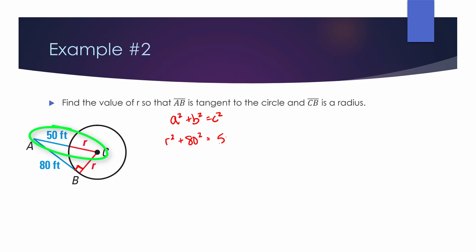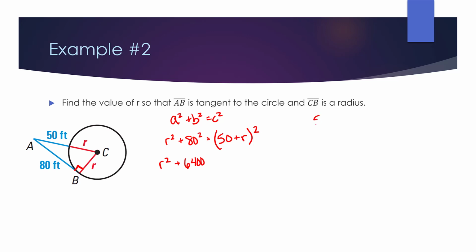So C is 50 plus R, that's the whole length across, and we want to square that quantity. So on the left side we have R squared plus 80 squared, 6,400. Now we need to talk about this quantity, 50 plus R squared.